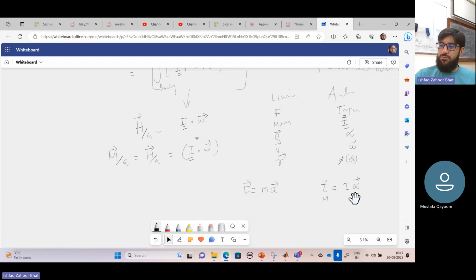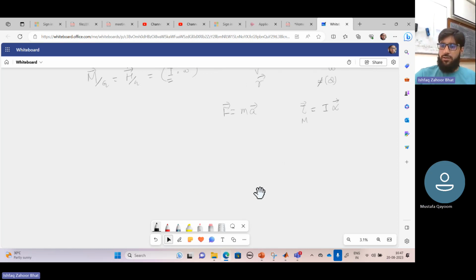Another thing we do is we have linear momentum P equal to mass times velocity, and we write angular momentum H as I times omega.